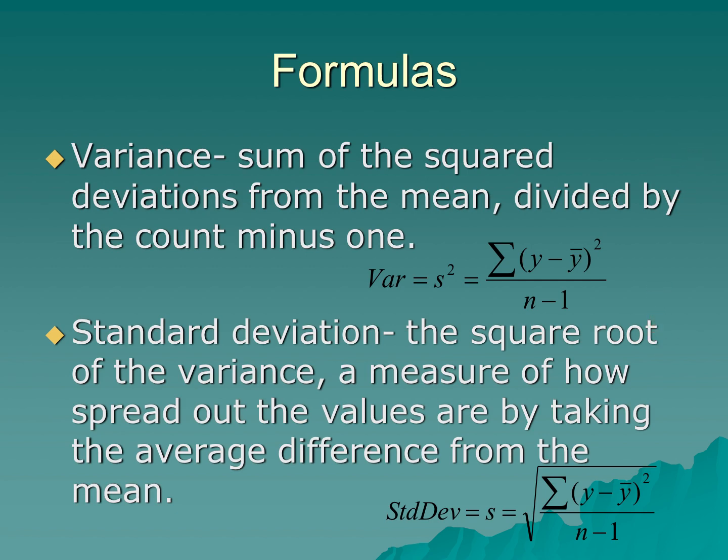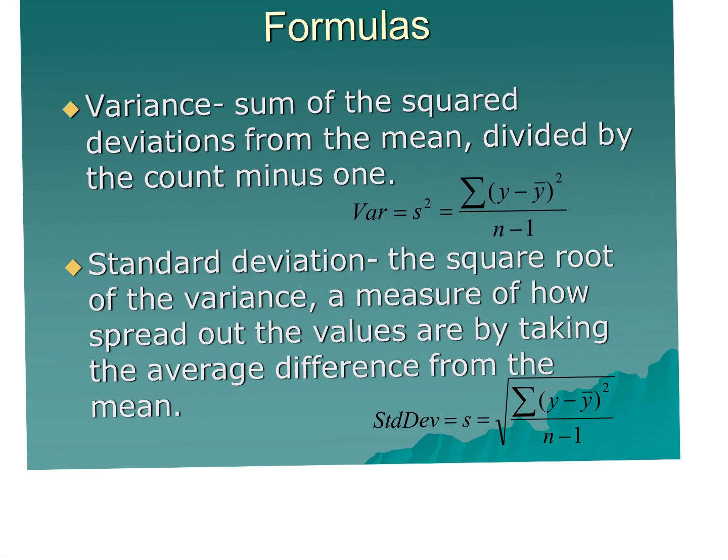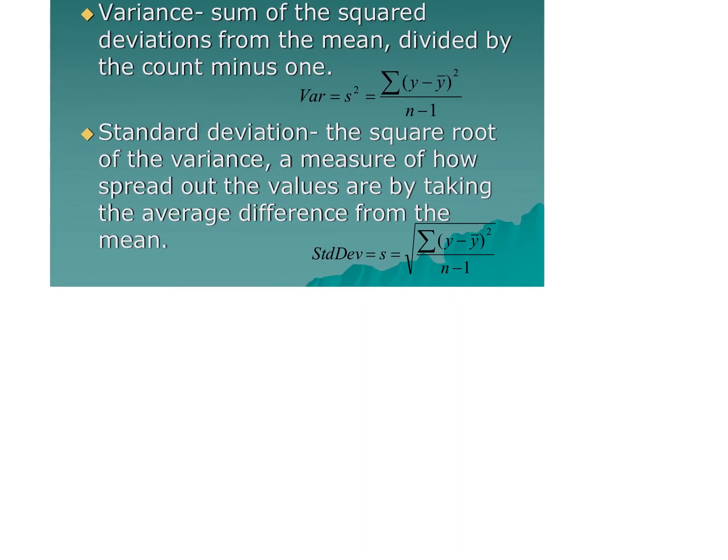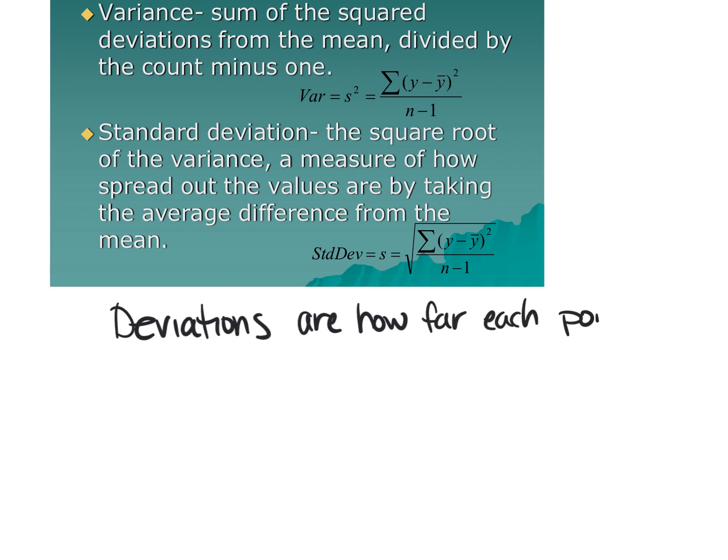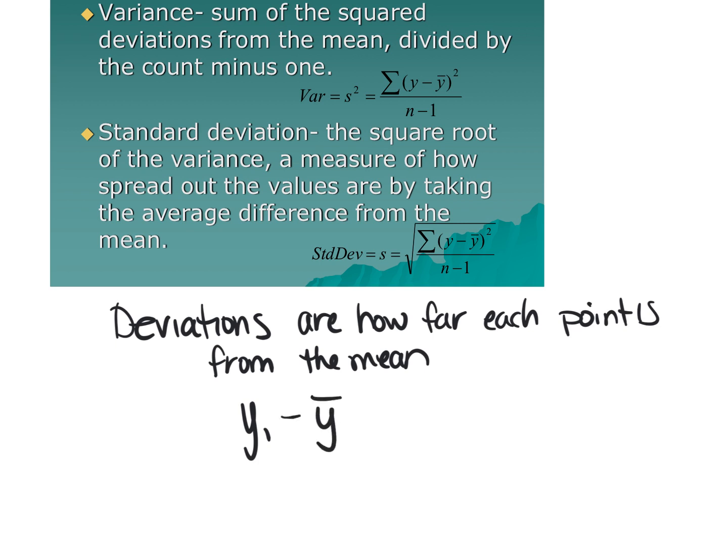So we have this calculation. The deviations are how far each point is from the mean. So y1 is the data value minus y bar, the mean.